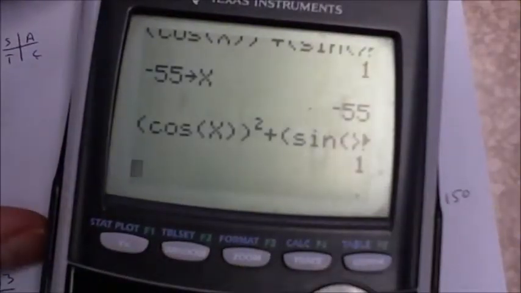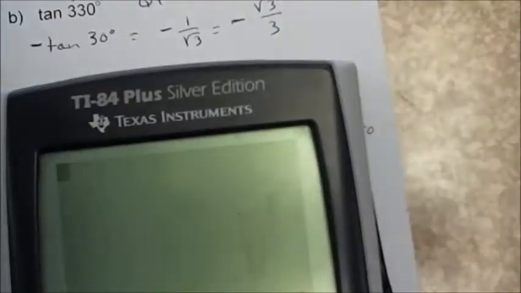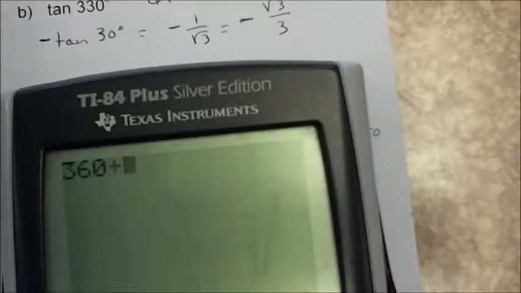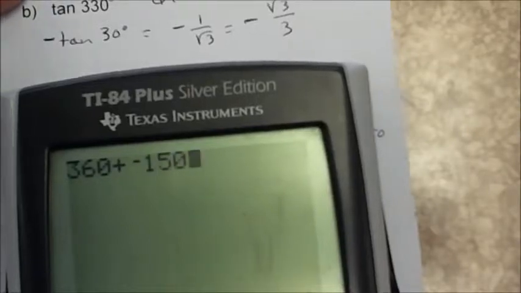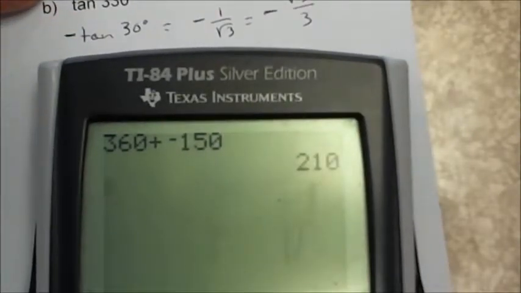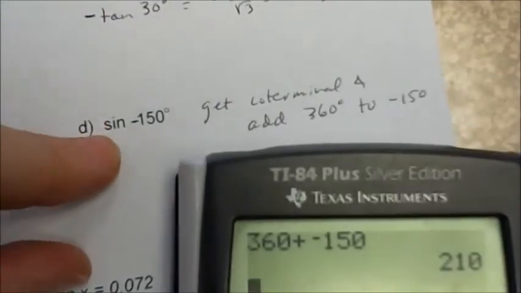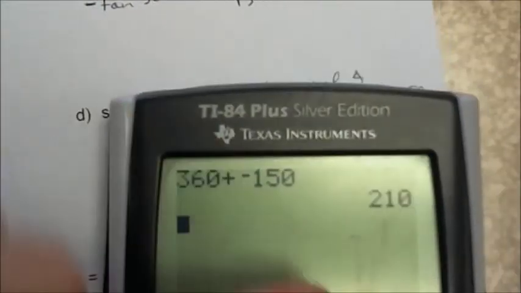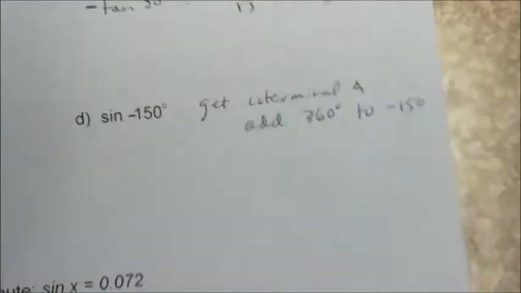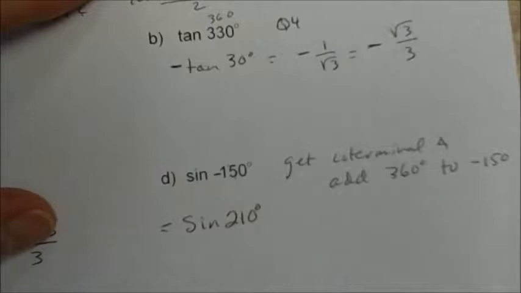So let's see what that's going to give us. Let's take 360 and add to that a negative 150. We get 210 degrees. So the sine of negative 150 degrees is the same thing as the sine of 210. Exactly the same, because those are coterminal.